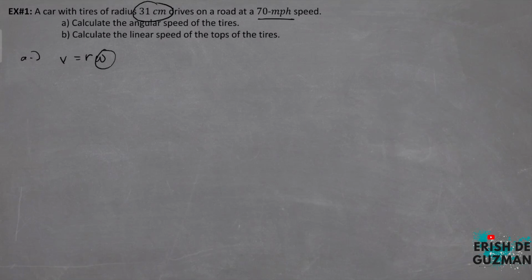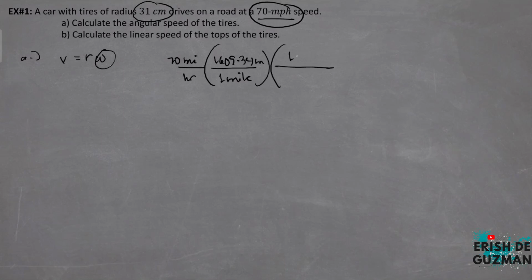But first, we have to convert muna yung linear speed na given 70 miles per hour times the factor na 1 mile is equal to 1,609.34 meters times 1 hour divided by 60 minutes.